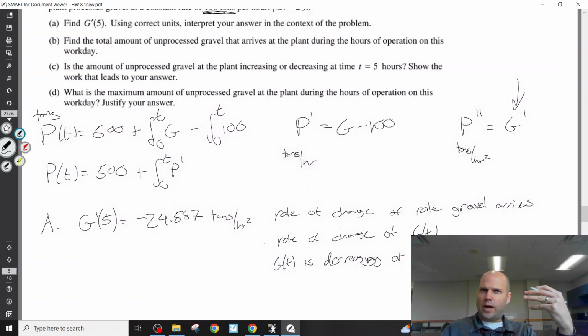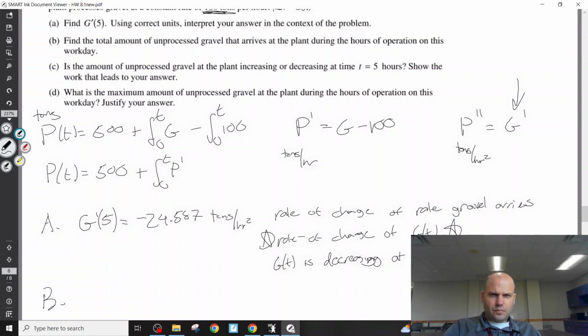These are all different ways to contextualize. Sometimes it's easiest to know a derivative is just a rate of change of what you have. So this is probably the easiest thing to remember. You took a derivative, you found the rate of change of what you took the derivative of. If you want to turn this into words, it's fine. I think you'll get full credit there.